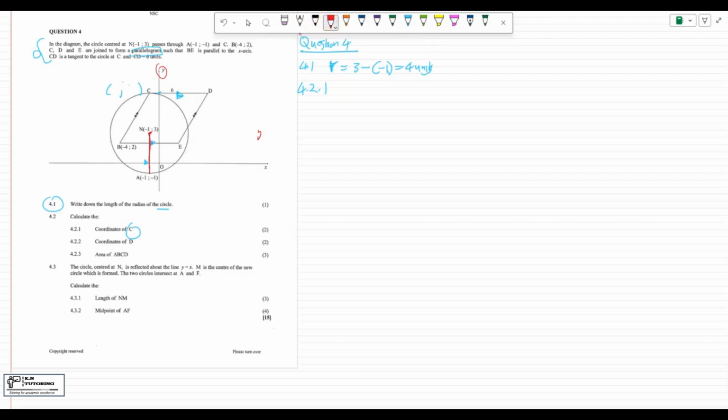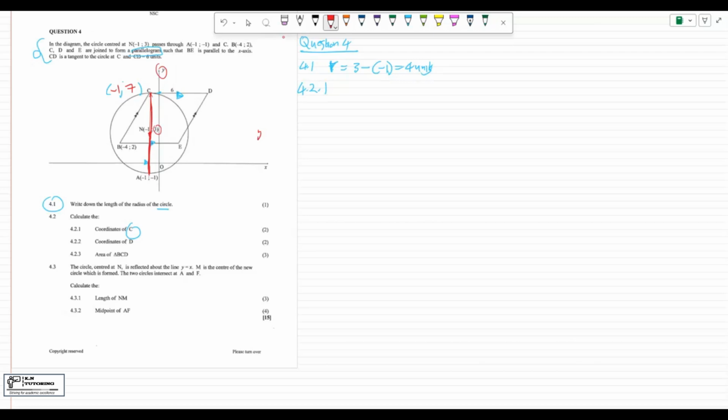C is also a point on the circumference, right? So the y value at C is going to be 3 plus the radius. So 3 plus 4 is 7. So the y value will be 7. And then the x value is -1, because we can see that this is all on a straight line. Okay, so C is -1 and 7.